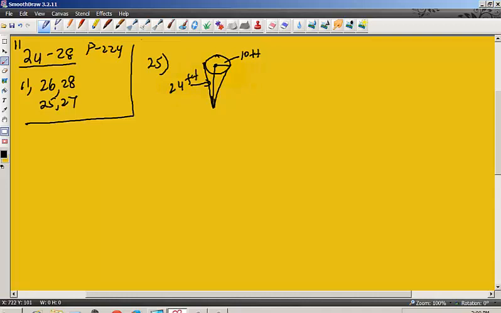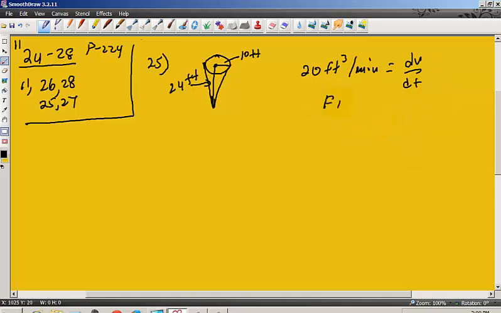Go. Okay, stop. 20 feet cubed per minute. Since it's cubed, it means this is changing in volume with respect to time. Go. Stop.